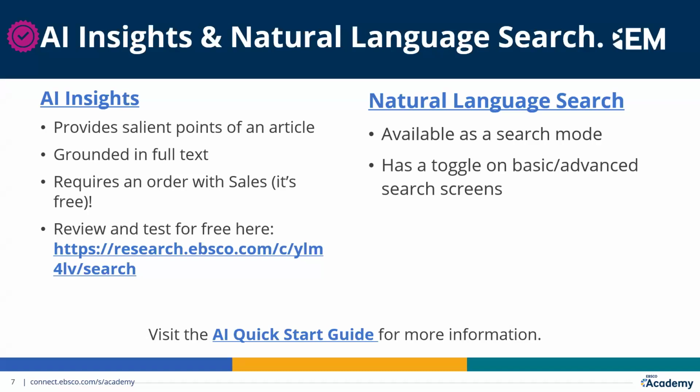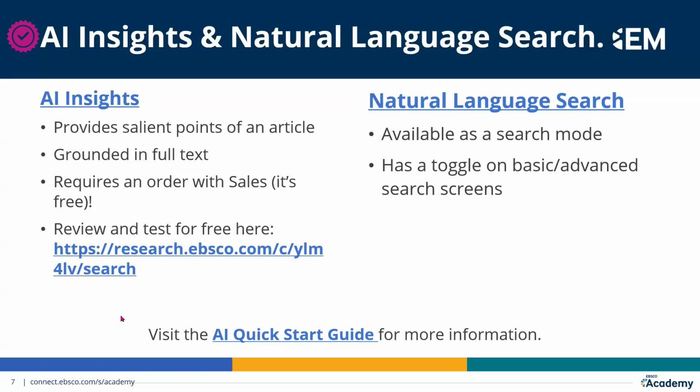They're not just based on the abstract. And they do require an order with your EBSCO sales representative. They are free, but they do require this order form to set them up initially. Now, if you would like to have AI Insights enabled for your EBSCO resources, you can reach out directly to your sales rep or to me and I can put you in touch.